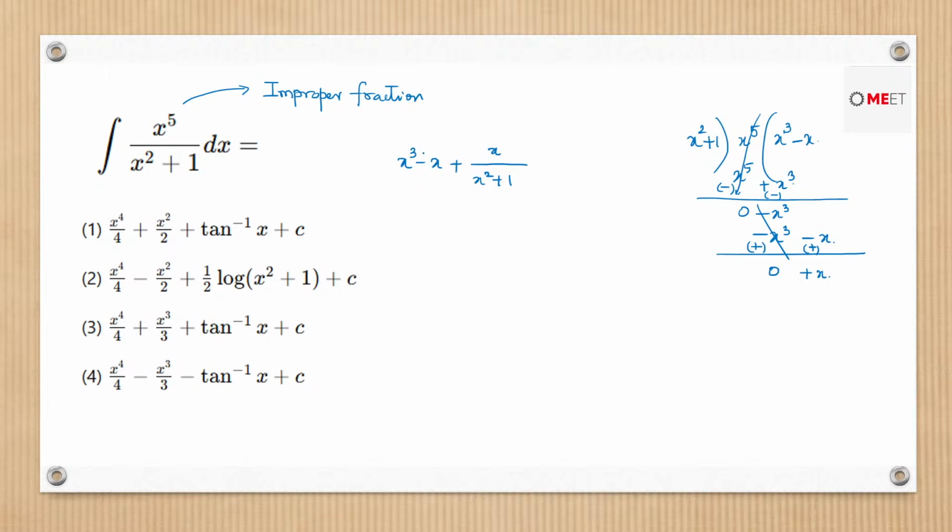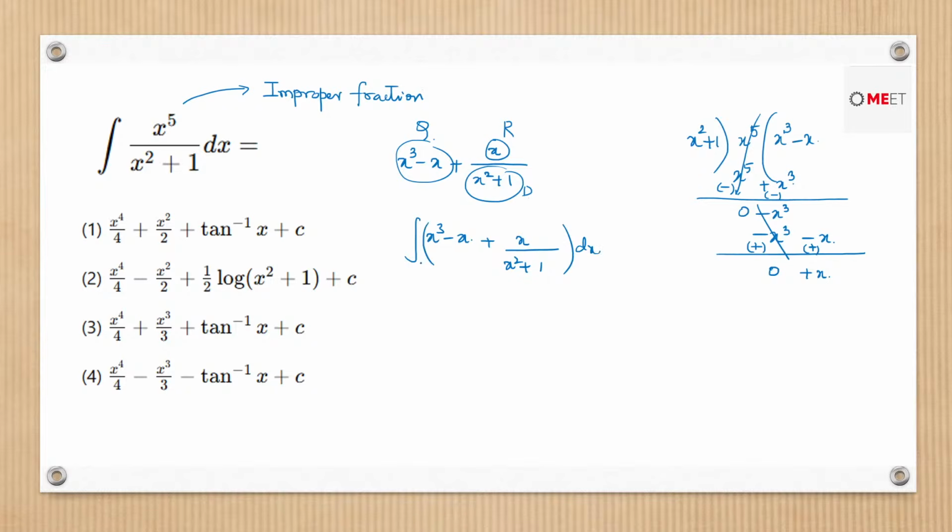Okay, so this is the quotient, this is the remainder, and this is the divisor. If you are able to recall that structure. So here we can write it as x cube minus x plus x by x square plus 1 into dx.